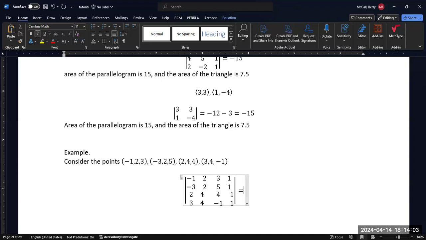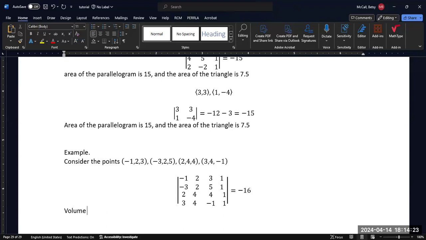It's always a good idea to double check that you haven't made any typos when you put these things in your calculator. And then my determinant, I get negative 16. And again, if you change the order, you'll get a positive 16. The volume of the parallelepiped, again, your slanty box, is 16.